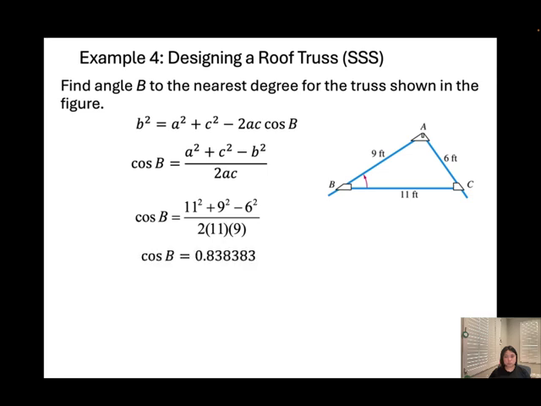So you should get cosine B equal to 0.8383. And the angle will be 33 degrees.